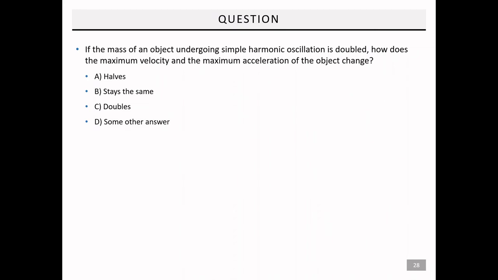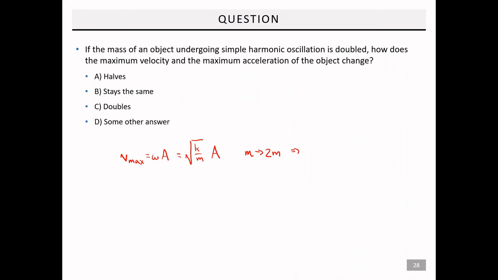For maximum velocity, we use the equation v max is equal to omega times A, and omega we're going to write as the square root of k over m. So now in the question we have a mass and we double it.